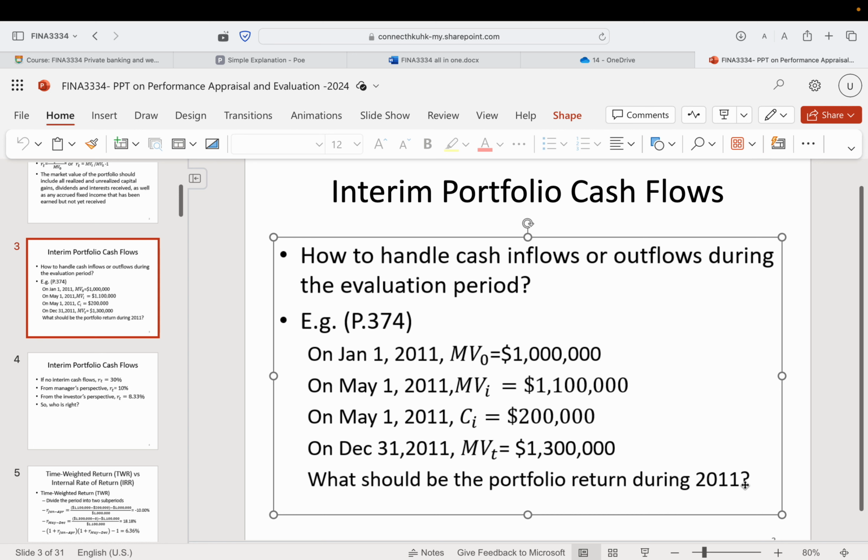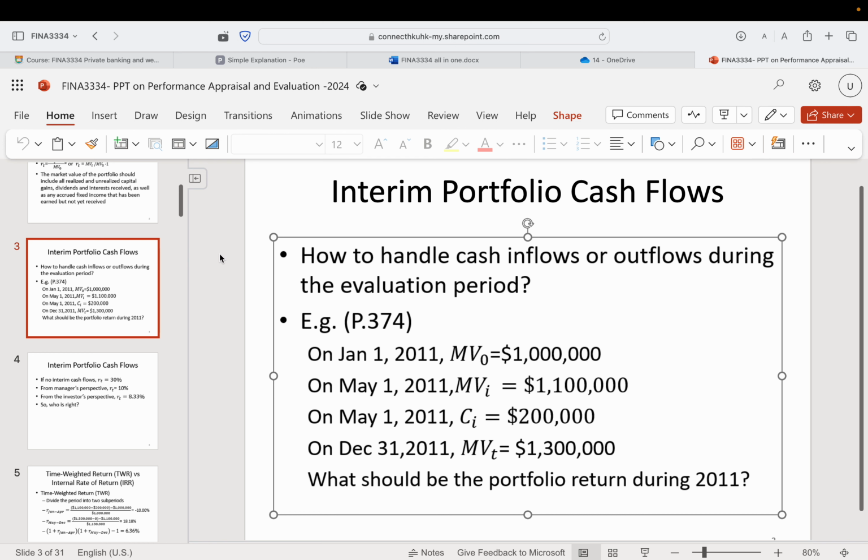Does it mean that my return is 300,000? No, because I gave you another 200,000, so my return is only 100,000. But is the 100,000 divided by 1 million, or 1.3, or in between? You have to know the mechanics of how to calculate to reflect the true return.